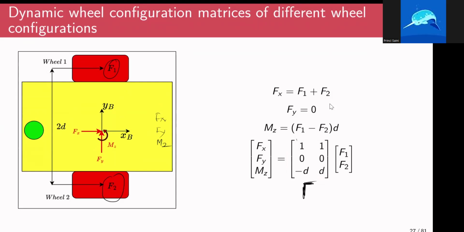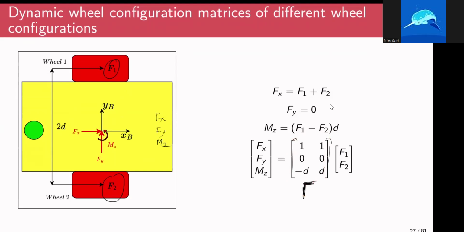And the way to derive this is actually pretty straightforward. You are only required to consider the force equilibrium in x-axis, y-axis, and moment equilibrium about z-axis. Once you assemble everything in a matrix and vector form, you will be able to obtain this matrix gamma.